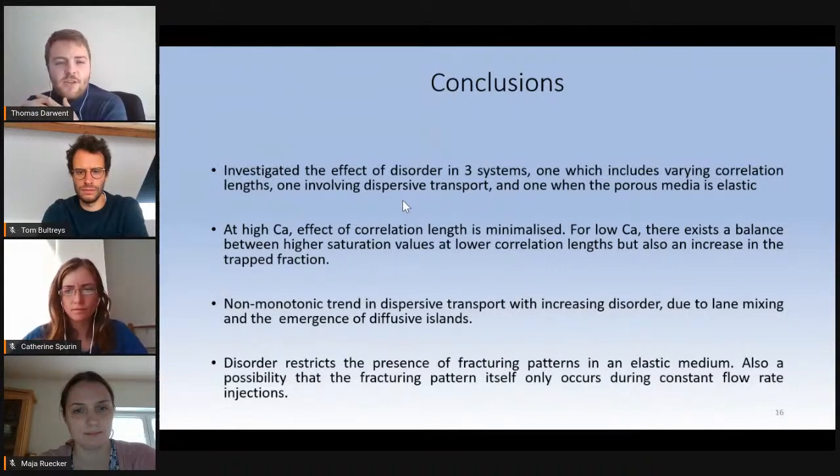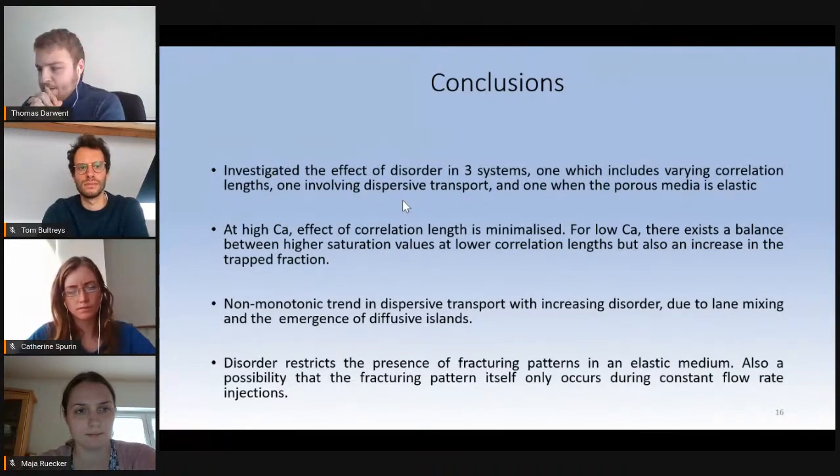For dispersive transport, when you introduce disorder, you find a non-monotonic trend, such that the width of the invading front is reduced at first when you increase disorder, and then as you get to higher and higher disorders, that width is increased. And this is due to the emergence of lane mixing and then diffusive islands, like I said.